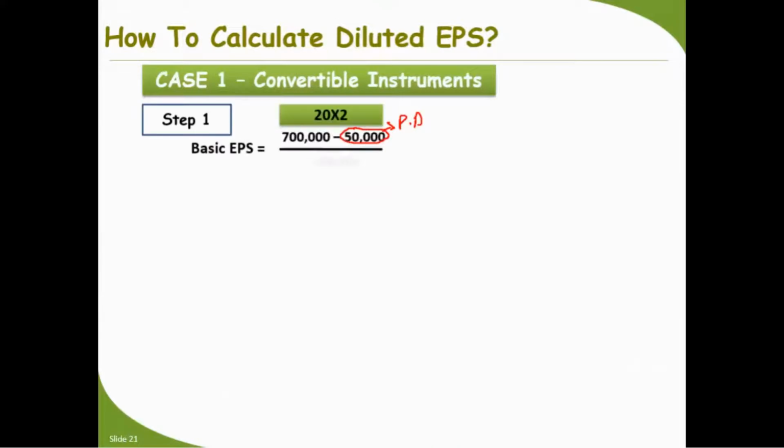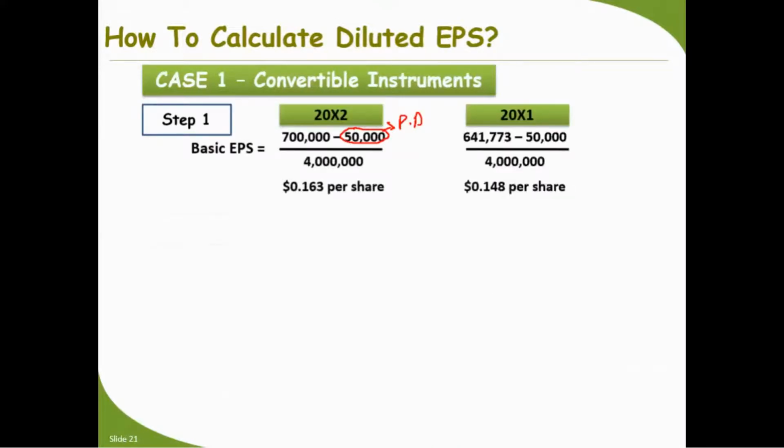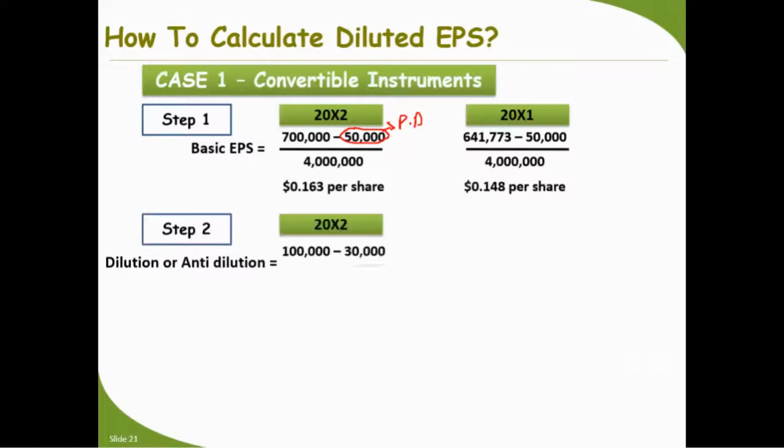So denominator is 125,000 divided by 100 times 124.